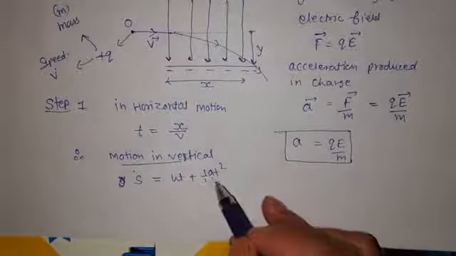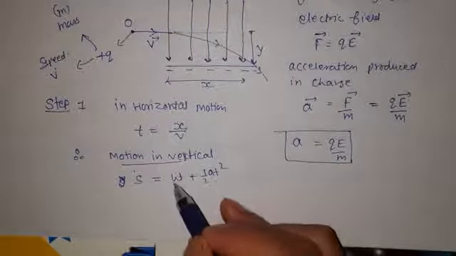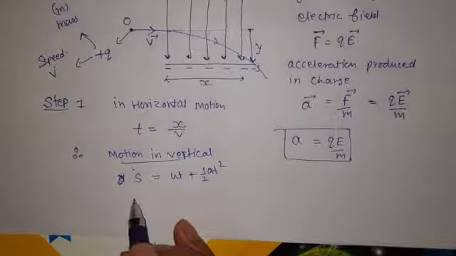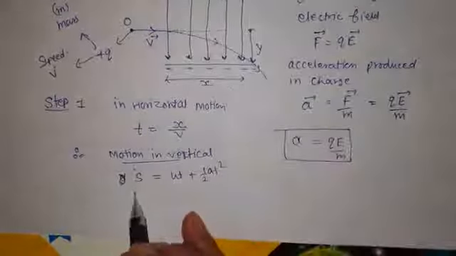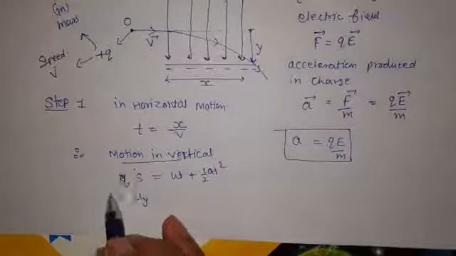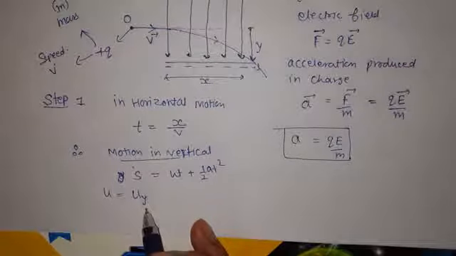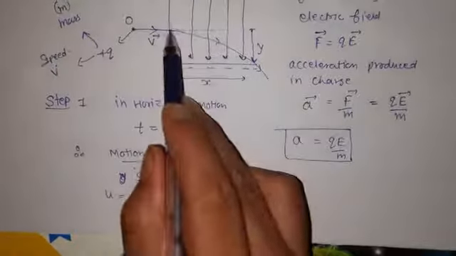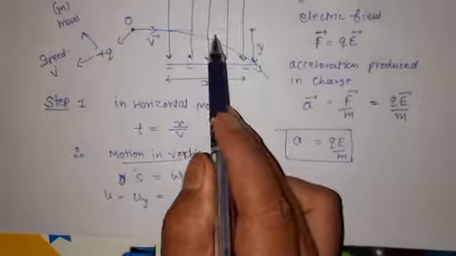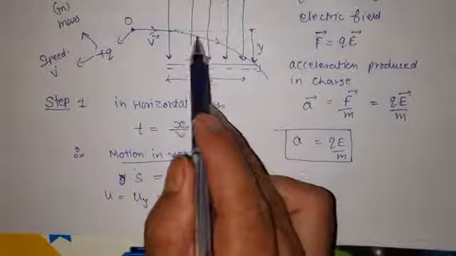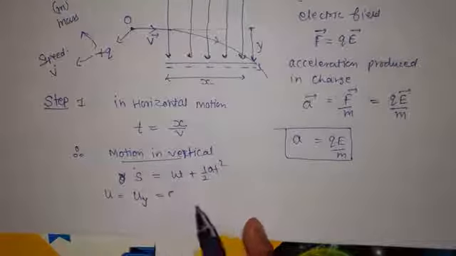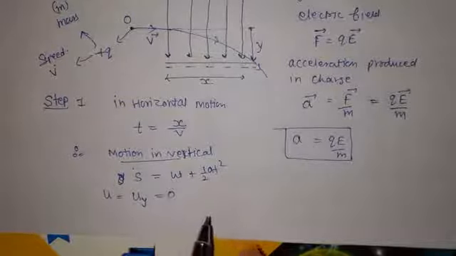So this acceleration is in the vertical axis, and the initial velocity u is the initial velocity in the vertical axis. It entered in the horizontal direction, so it does not have any velocity in the vertical direction. Therefore the initial velocity in the vertical direction was 0.